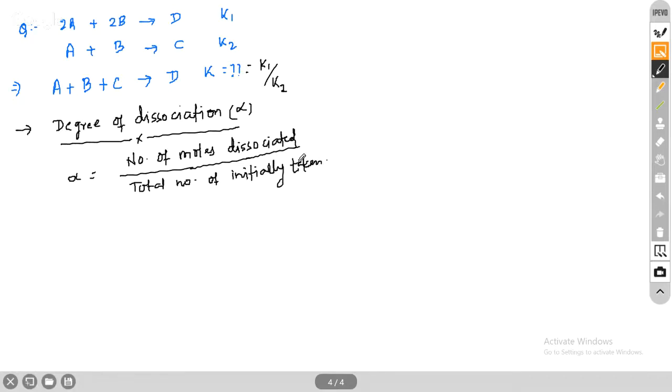Basically, degree of dissociation means: out of 1 mole, how many moles have dissociated? That is what you have to find out.